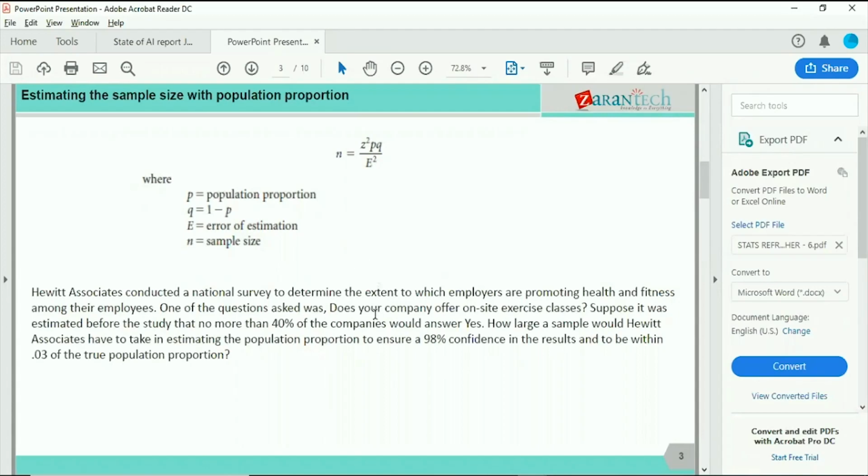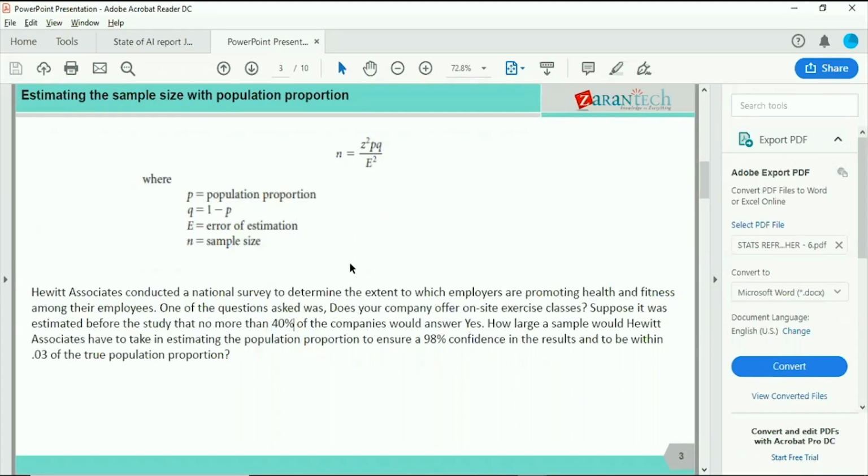So here we have 40% as population proportion P. Now what will be Q? Q will be 1 minus P, which is 1 minus 0.4, 0.6. Correct?